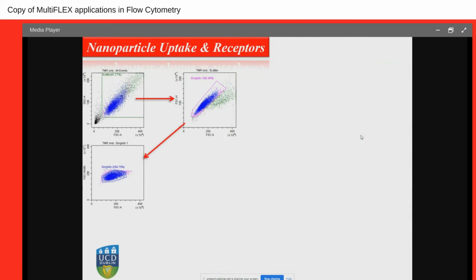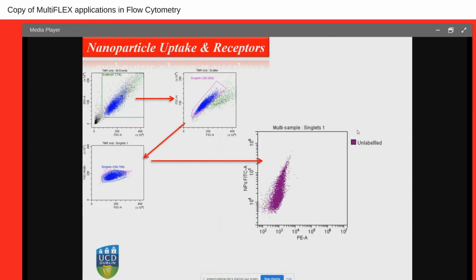In this case, we are trying to work with samples in an uptake experiment, and the group, in this case, is from Professor Kenneth Dawson. They wanted to look at the receptors that we have and see if there is any relationship between the receptors and the nanoparticle uptake. So we have here nanoparticle uptake and the marker to detect that receptor.